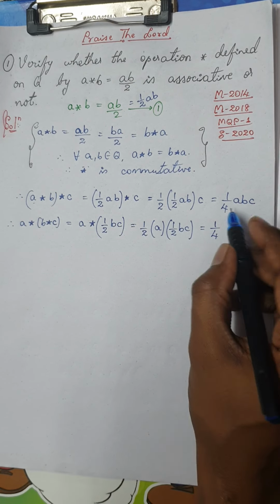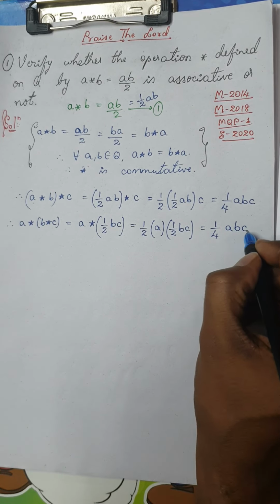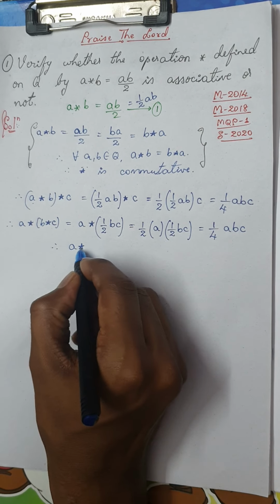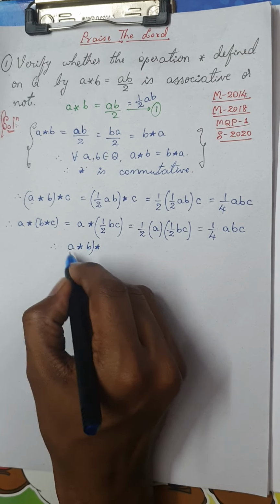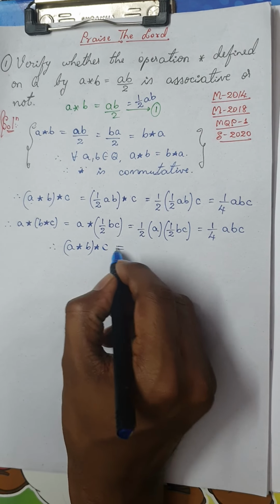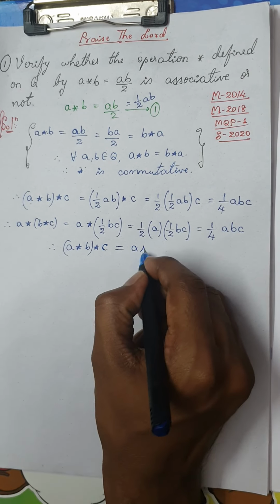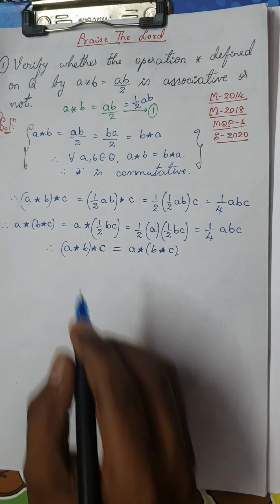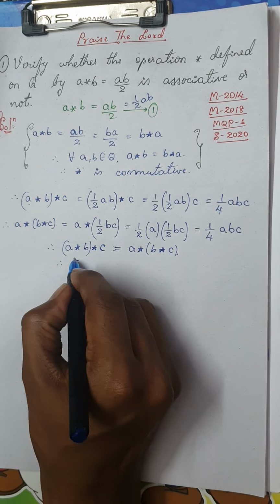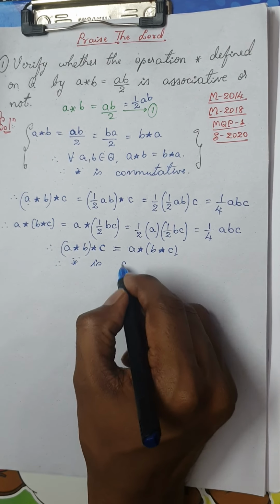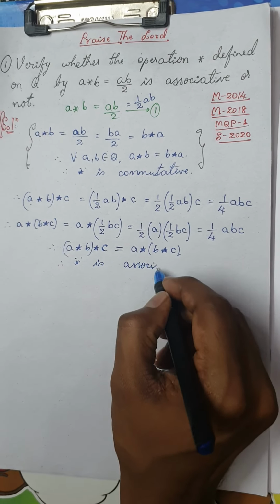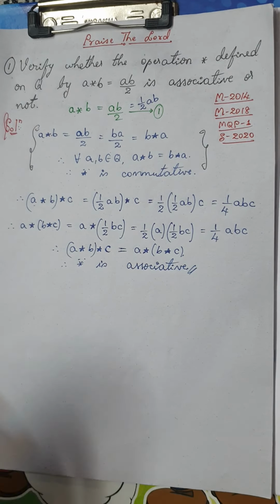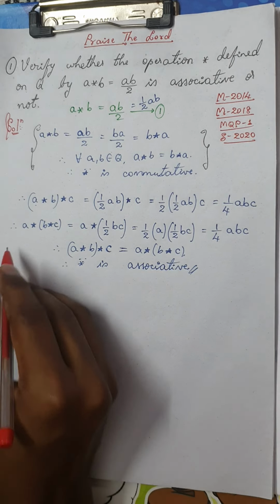You have A into B into C, you have A into B into C. Therefore, you have A star B star C is equal to A star of B star C. You can write, therefore, star is associative. So this itself is the solution for this question.